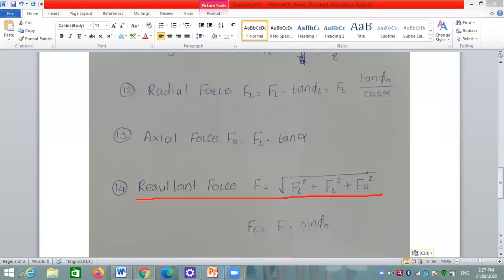Okay. If you have any doubt regarding the helical gear, you can ask. I have discussed all the terminology, theory and derivations related to the helical gear. If you have any question regarding the helical gear, you can ask here.